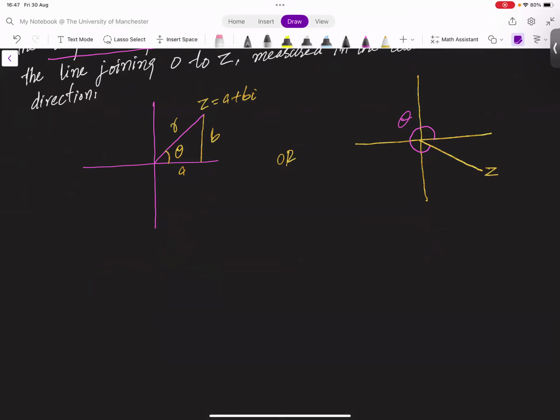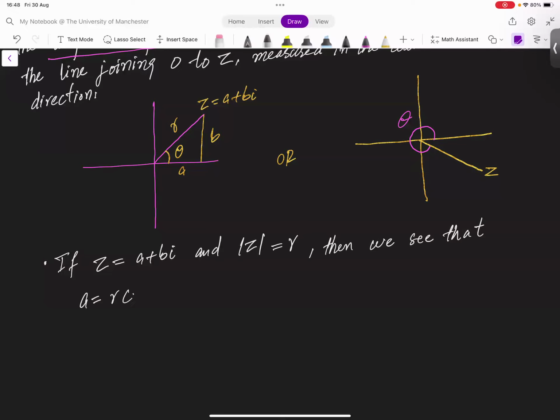Now, if z is a plus b iota, and mod of z is just r, then we see that a is r cos theta, b is r sine theta.